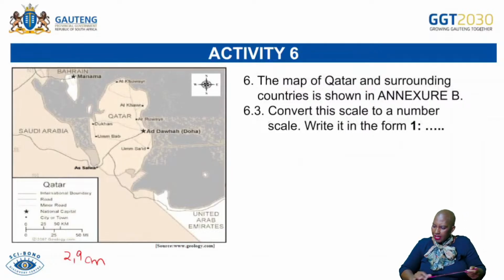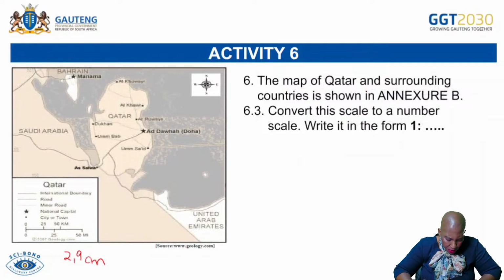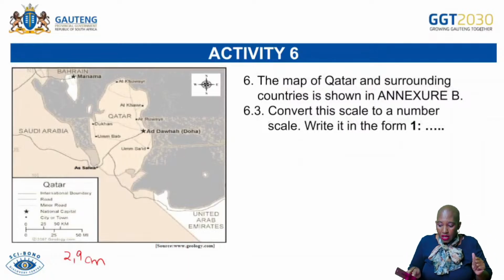When you look at this now, from here to here, I will try to measure. When I try to measure, because it has been rescaled, you see what we're talking about. This one, it won't change. Then when I was measuring using the actual paper, I measured 2,9.